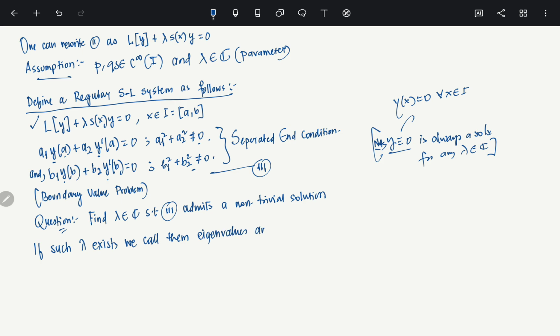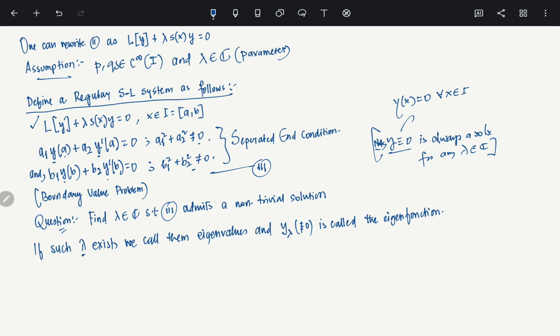And the solution y, depending of course on that particular lambda, whatever lambda, the non-zero solution which you are going to get, y_lambda corresponding to this lambda, is called the eigenfunction.